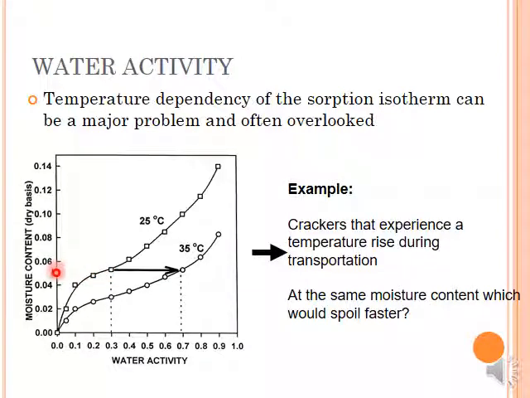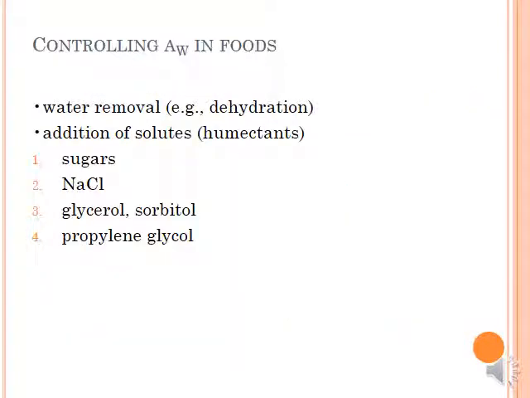If the moisture content of the cream crackers is 0.05, the water activity at the processing environment is only 0.3, but during transportation at 35 degrees Celsius, you have a change in its isotherm, and the water activity now increases to 0.7. So which one will spoil faster?